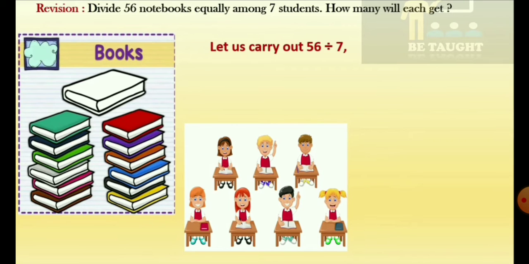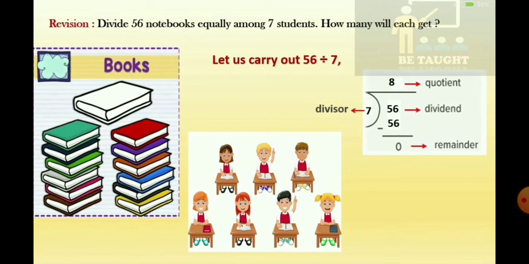So let us find out by using our vertical method of division. As you know, 7 is your divisor, 56 is your dividend. So let us see, how many are 56 in the 7 table? 7 8s are 56. So, how many times it is coming, that will come over your bracket, that is your 8.